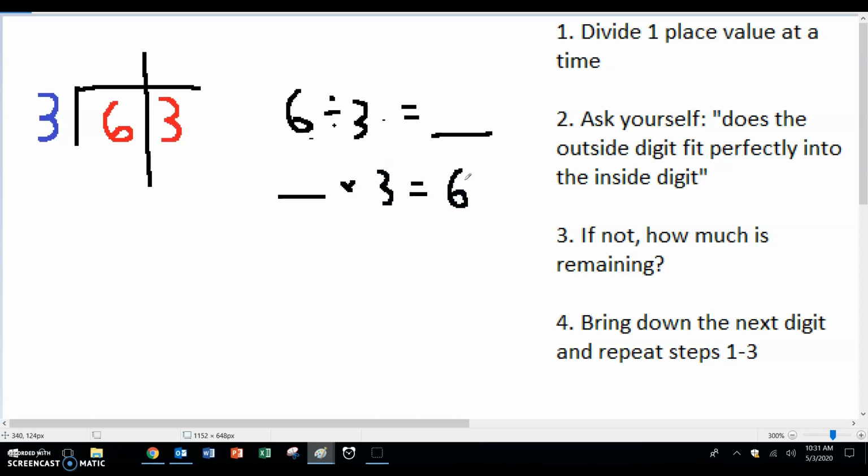Let's see if we can reach 6, skip counting by groups of 3. One group of 3 is 3. 2 groups of 3 is 6, which means 3 times 2 equals 6, or 6 divided by 3 equals 2.